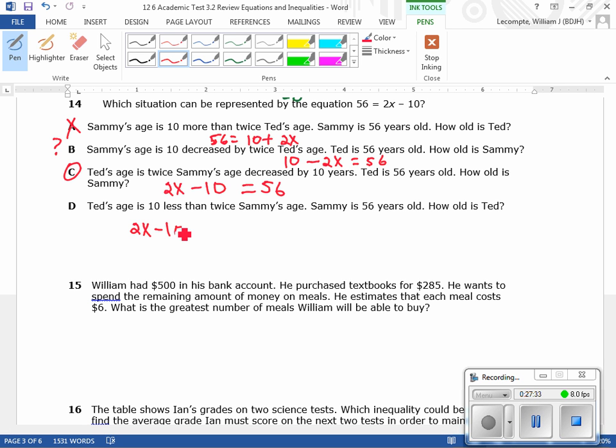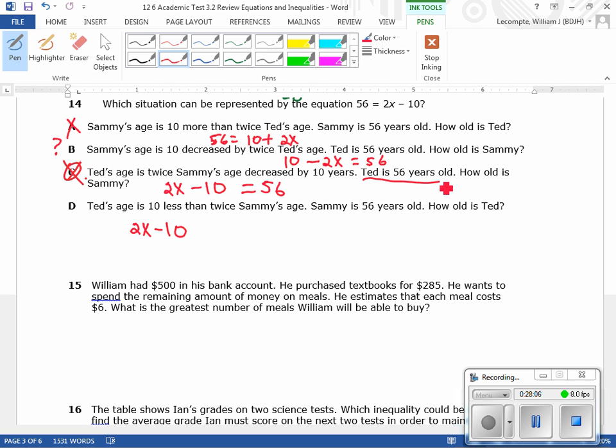Alright, so now that I have a little time to look at this one, on C, it's saying that Ted's age is twice Sammy's age, decreased by 10, which I think is still the same information. But then it tells you that Ted is 56 years old. We really should be looking for Sammy's age. And how old is Sammy, right? Well, in order to find that, Ted's age is twice Sammy's age, decreased by 10 years.